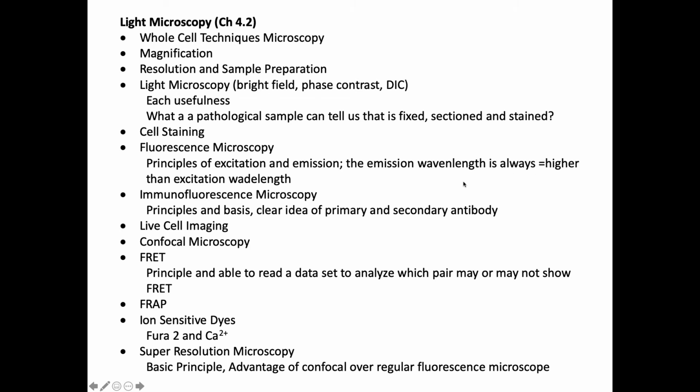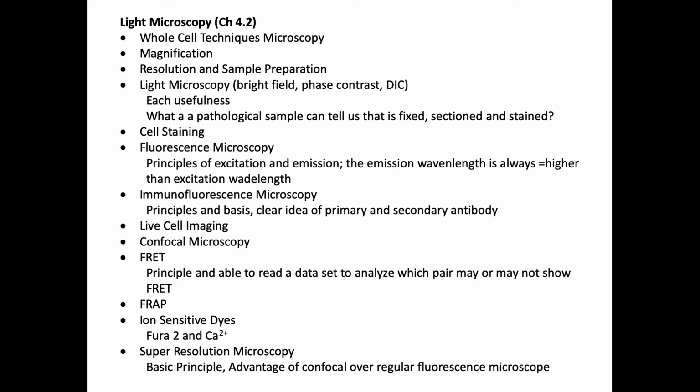So if you have an excitation wavelength at 500 nanometer, I'm just saying arbitrary 500 nanometer, your emission wavelength cannot be 490. That's very important. It can be 510, but not 490. Emission wavelength is always higher than the excitation wavelength, so be careful about trick questions about that. So excitation lower, emission higher, always.